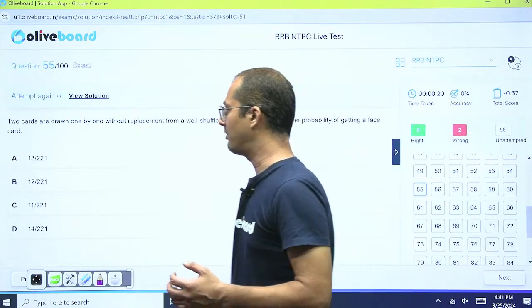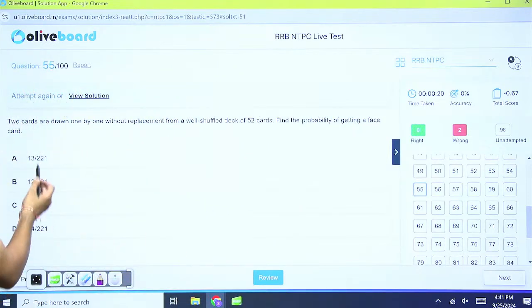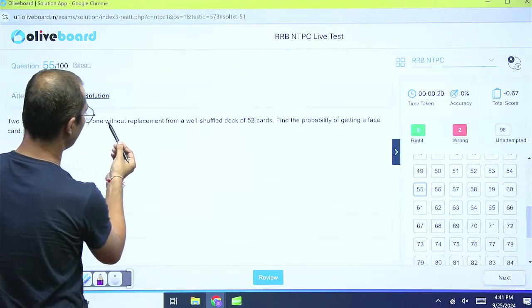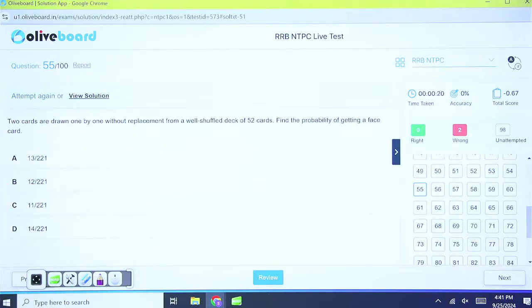We have to calculate what is the probability of a face card.